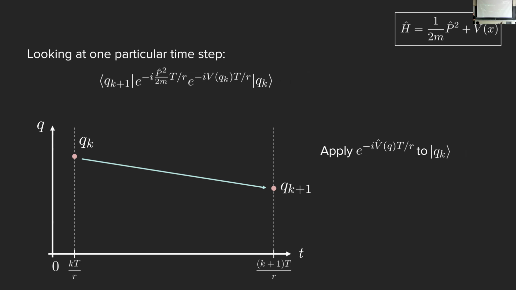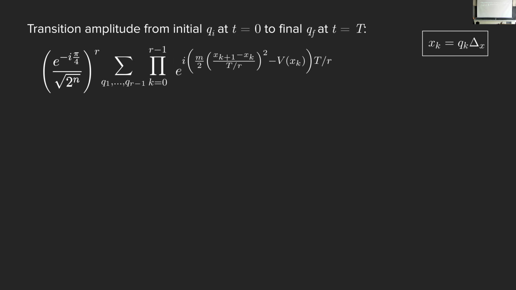And if we look at the entire time evolution, you just repeat this R times and sum over all the Qks. In this product over all these exponentials, you can just sum up the phase.